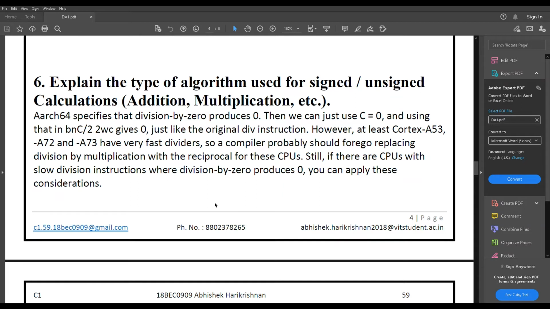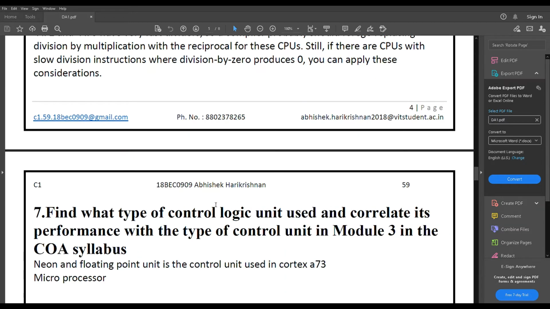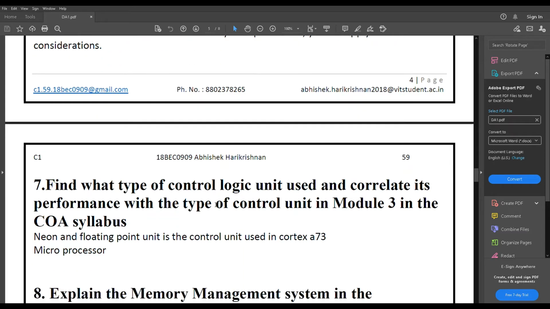However, at least Cortex A53, A72 and A73 have very fast dividers, so a compiler probably should not follow replacing division by multiplication with the reciprocal for these CPUs. Still, if there is a CPU with slow division instructions, where division by 0 produces 0, you can apply these considerations.